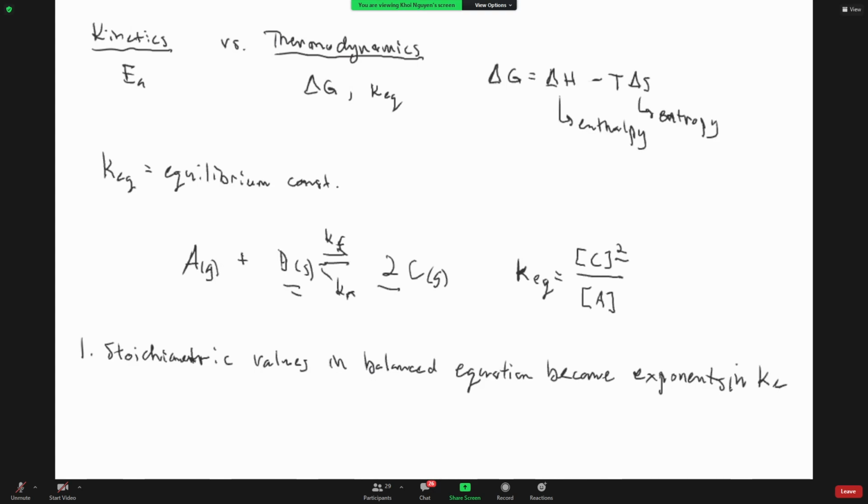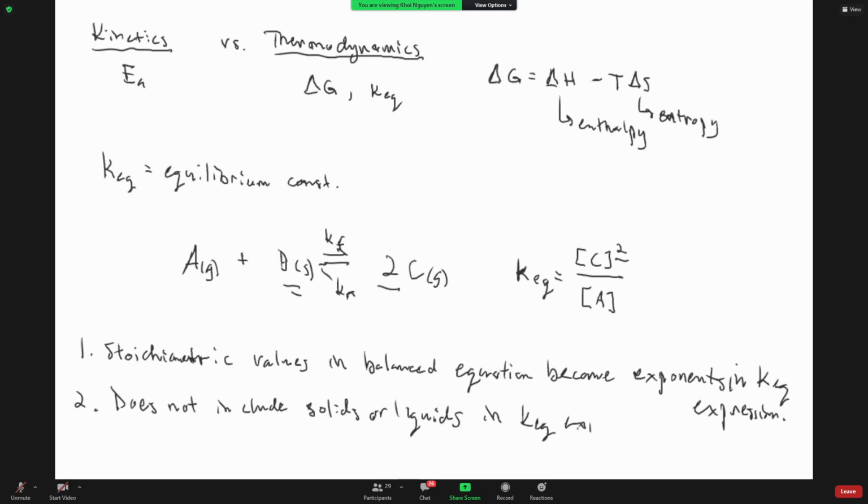Two, you do not include solids or liquids in the KEQ expression because they exist in excess. So only gases or aqueous solutions.